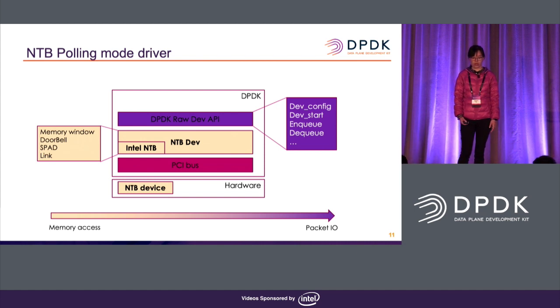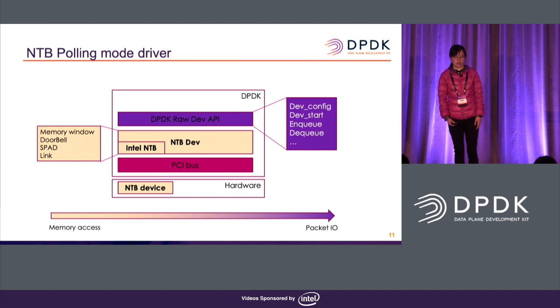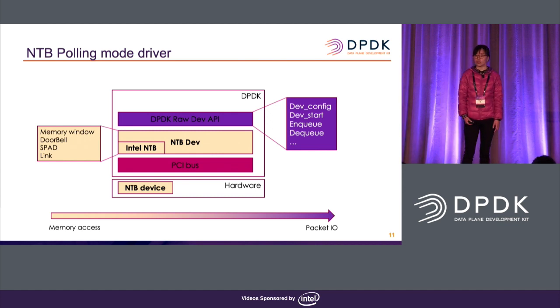So we put the NTB kind of device here, and because the NTB device is not specific to Intel, it is a kind of PCI spec, multiple vendors can support Non-Transparent Bridge. So we define some ops for the NTB kind of device.